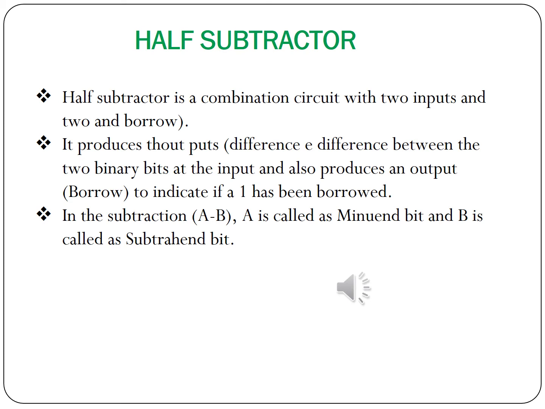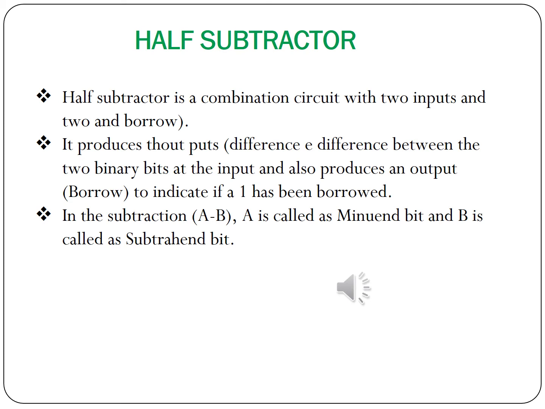For both, the inputs are A and B, but for the half adder the outputs are sum and carry, while for the half subtractor the outputs are difference and borrow.